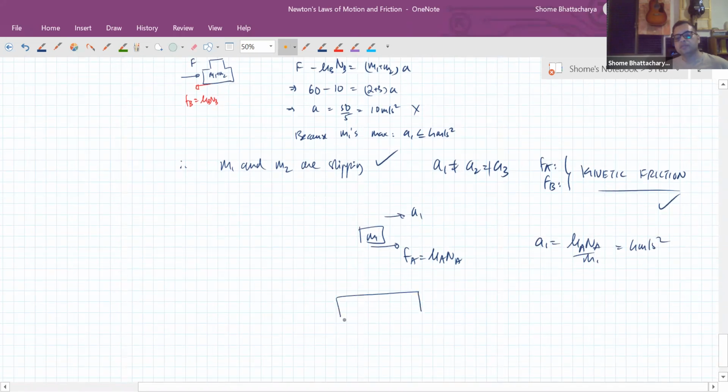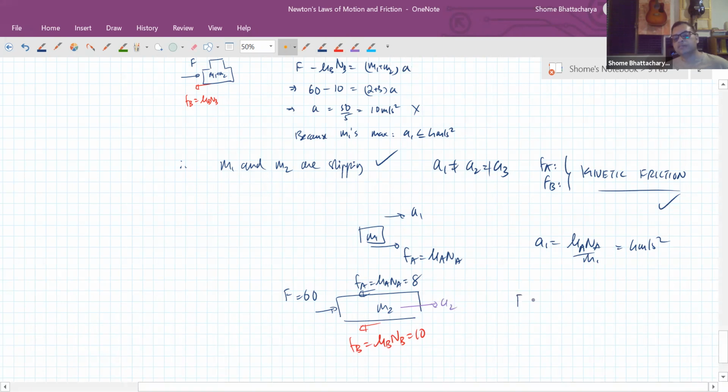Whereas on the second block M2, we are applying this force of 60 newtons. There will be kinetic friction here of 8 newtons acting, which we have calculated earlier. There will be kinetic friction here of 10 newtons acting, which we have calculated earlier. And this will give this an acceleration A2, which we will now find out.